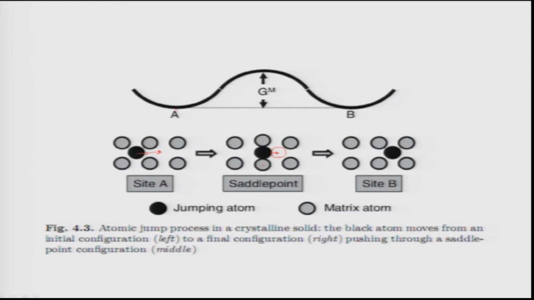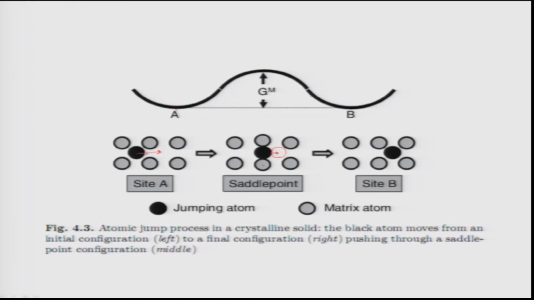This will push the atoms which are present at these positions, and this pushing will lead to a certain amount of work done by the system. That means, from position A to position B, if the atom needs to go, it has to cross over a barrier, and that barrier is nothing but a migration barrier. That is why it is written GM.